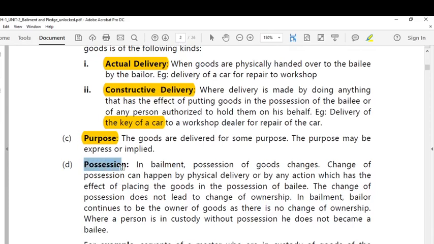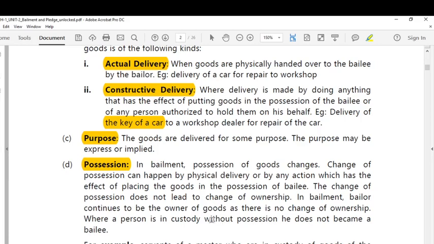The fourth essential element of a contract of bailment is that in bailment, possession of goods changes. Change of possession can happen by physical delivery or by any action which has the effect of placing the goods in the possession of the baili.